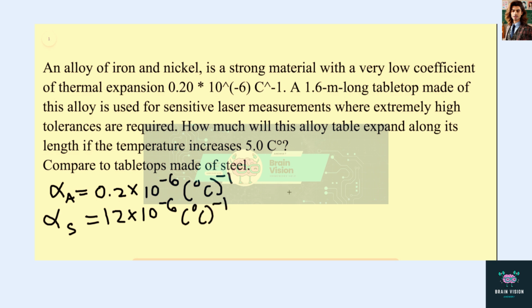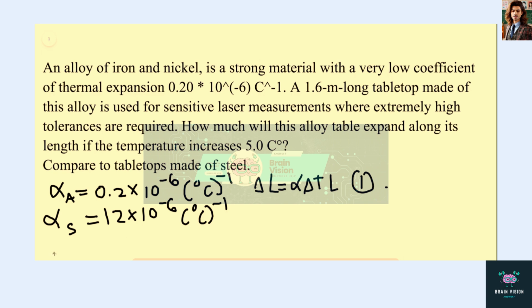So in order to find the change of length, delta L is equal to alpha times by change of temperature and times by length. So in the first instance with the super strong alloy, in part 1, alpha is the value of alpha A as given, delta T for both parts of the question.